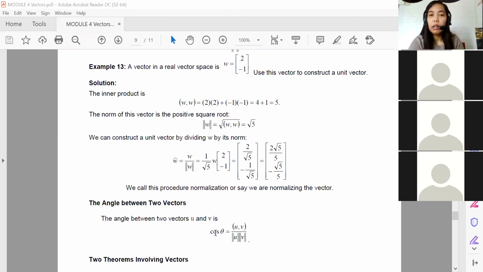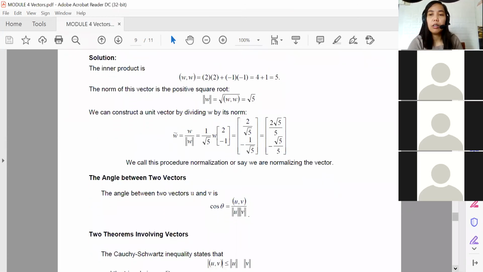To find the angle, dahil ang given ay cosine theta, you get the inverse. Kung ano man yung value na makuha dito, dahil ang value naman dyan, class, ay real number, you use the arc cosine, or the inverse of cosine, to get the theta.